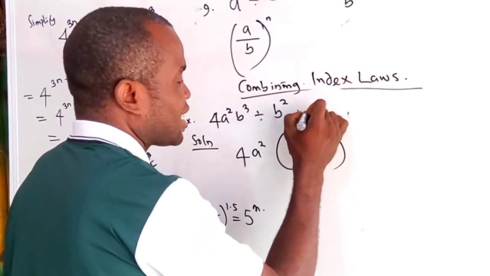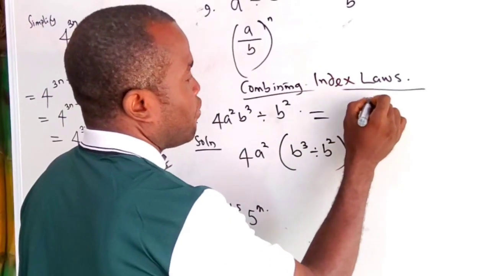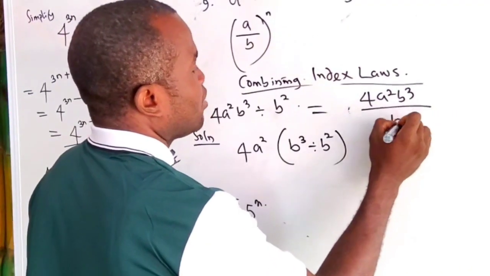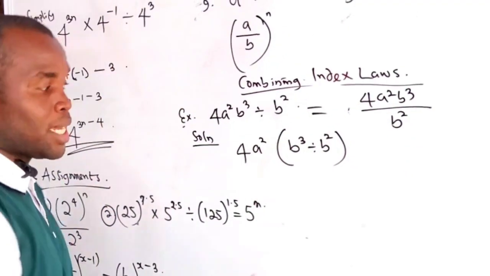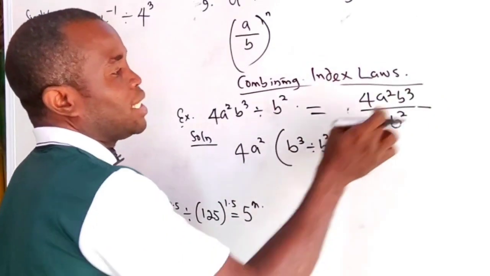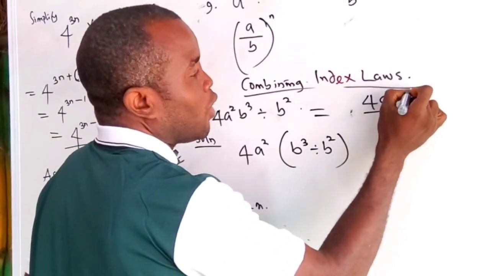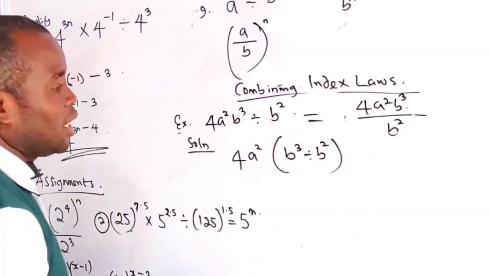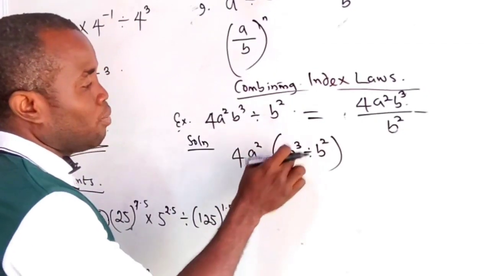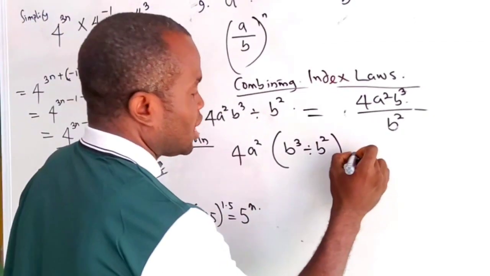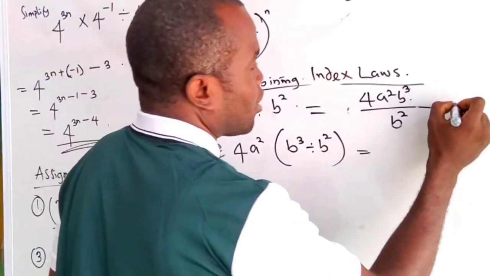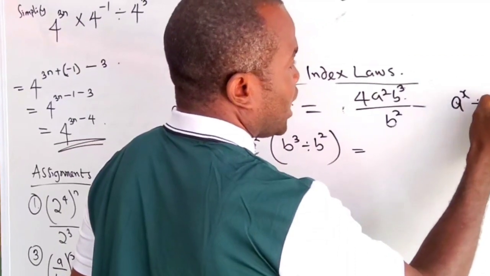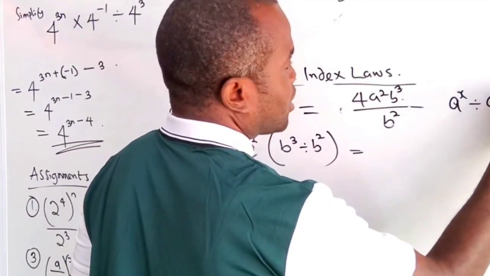If we try to express this simply, in simple math you just say 4a squared b cubed divided by b squared, which just means divide this one by this. But we're trying to solve it in an indices way. So you follow the same law that I wrote the other time: a to the x divided by a to the y is a to the x minus y.